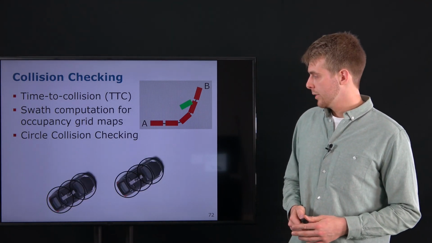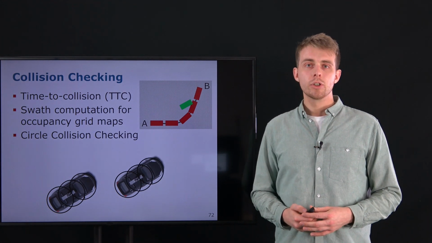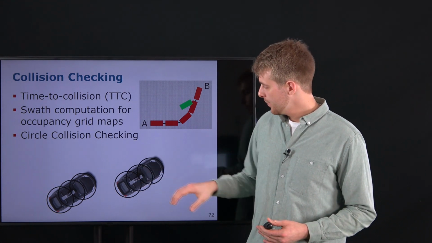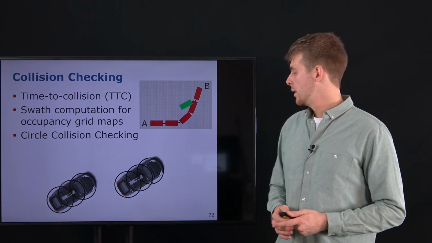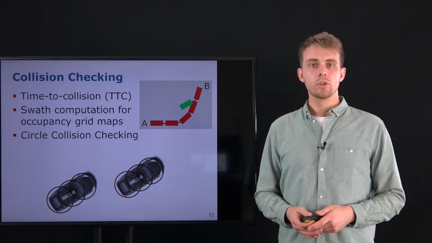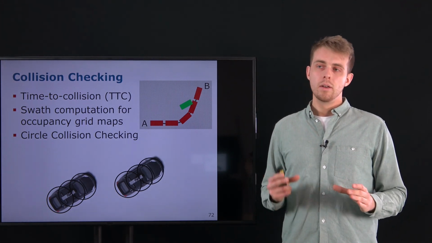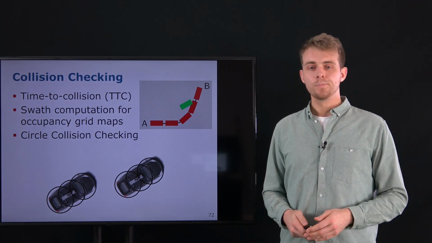Another way to approach this is the circle collision checking. So we have two different cars here, and we approximate their dimensions by circles. In this case, 3 circles are sufficient to cover the whole space the car is taking.